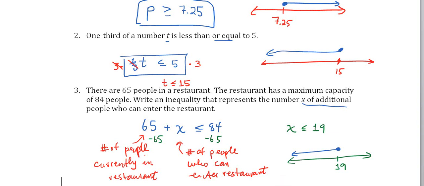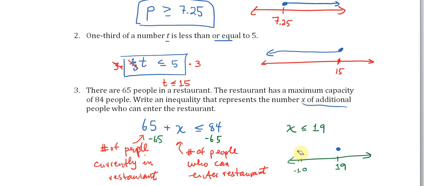Well, we would normally be satisfied with that answer, except we really should change it a little bit to meet the real world scenario, because if we were to keep on going, eventually you would get down to 0 and then you would get down to -1, and it doesn't quite make sense to talk about -1 people, right? It does make sense to talk about 0 people, but it doesn't quite make sense to talk about -1 and -2.